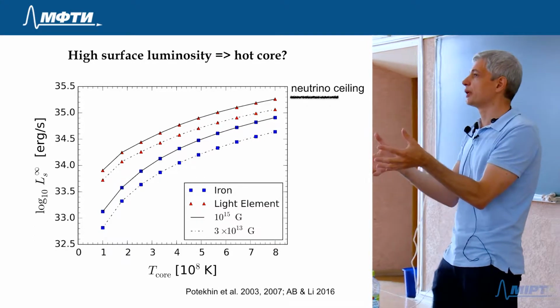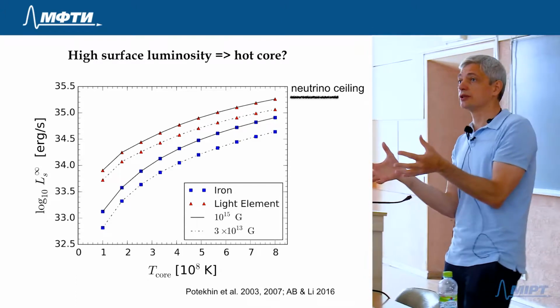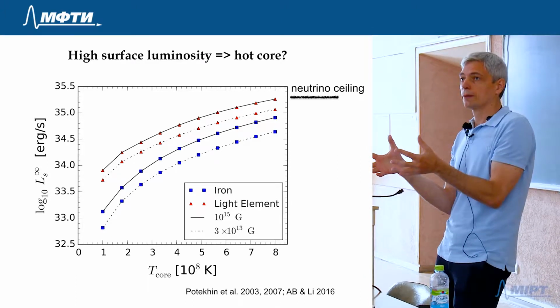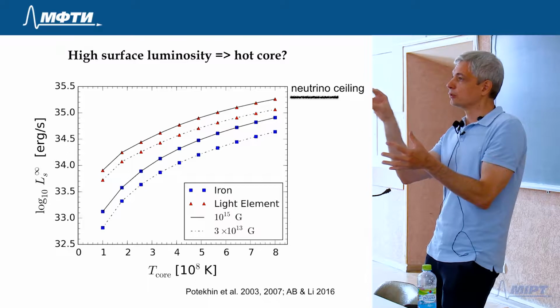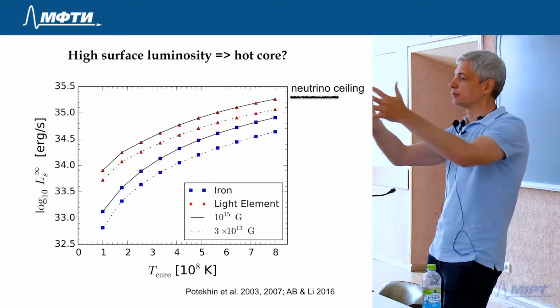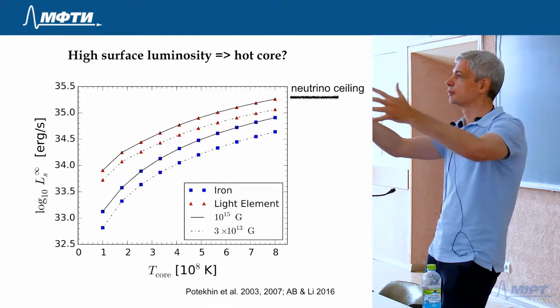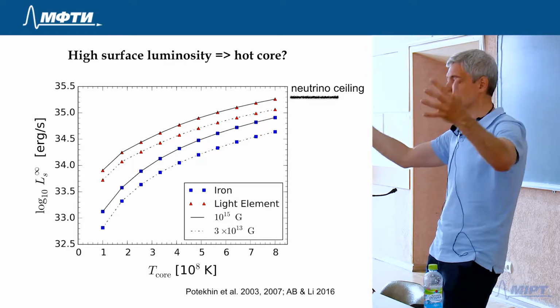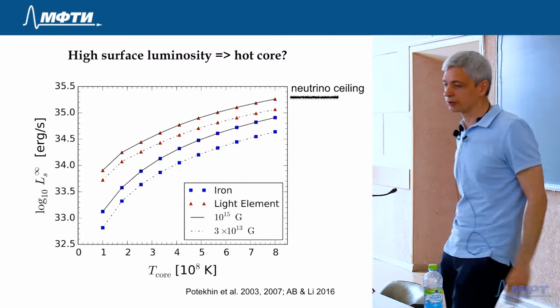And by the way, it has to be isothermal, because the thermal conductivity inside neutron stars is huge. So if you heat a region in the core, heat conduction will immediately distribute this heat. And so the core is kept very close to isothermal conditions.